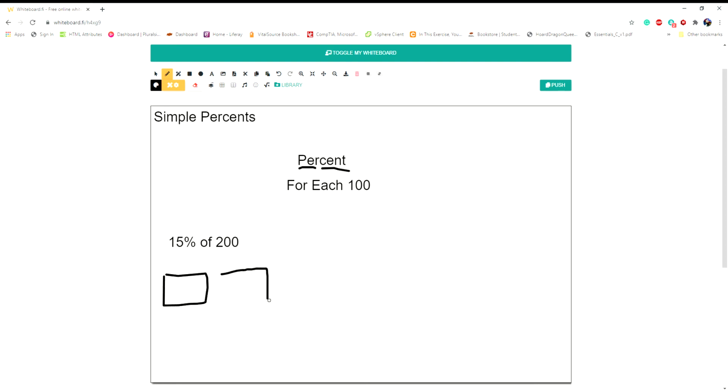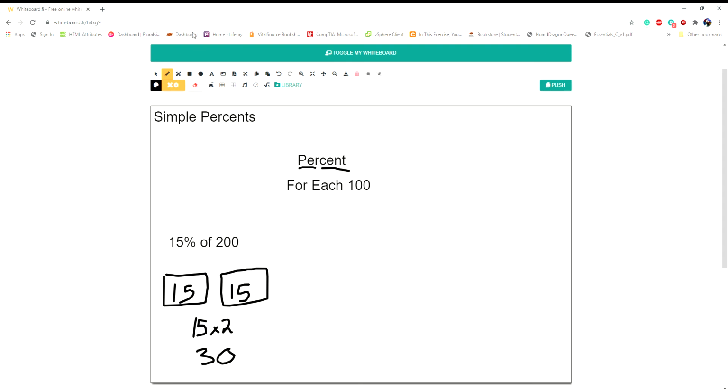I'm going to draw my 2 boxes to represent 100. So for each 100, I have 15. So for each box, I can put in 15. And I can see it as 15 plus 15, or 15 2 times, which is 30.